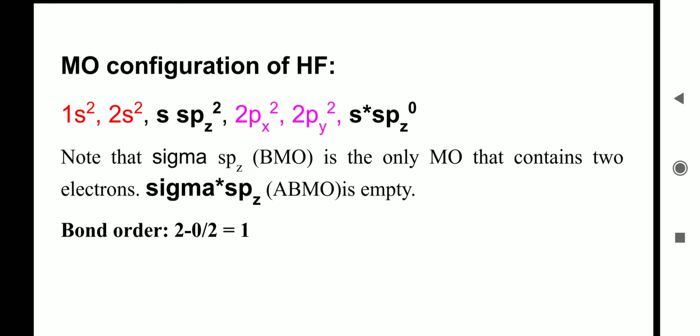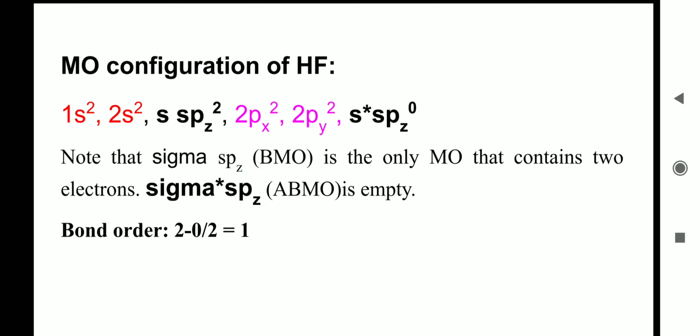These are the lone pairs present exclusively on the fluorine atom, so these orbitals have also not participated in bond formation, followed by sigma star s-pz, the anti-bonding molecular orbital, which is vacant.